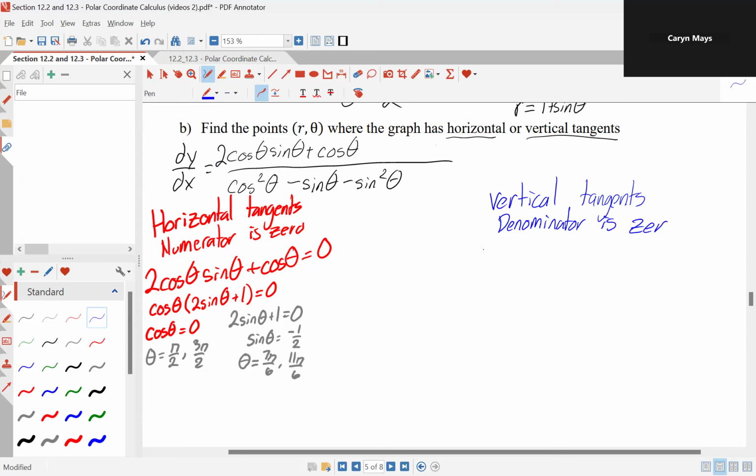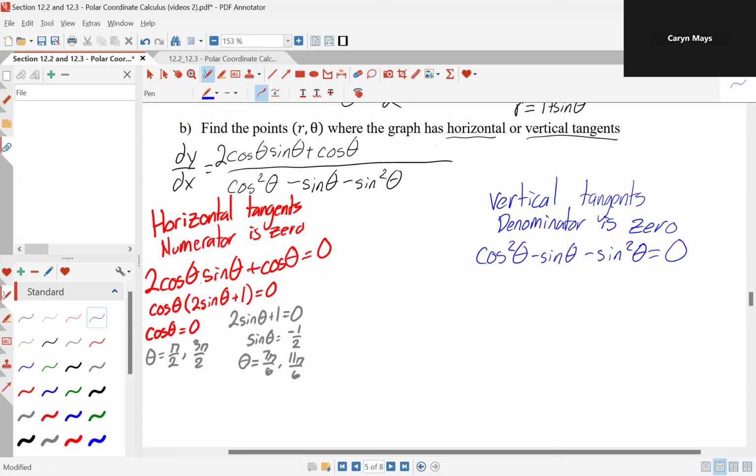Taking that expression, cosine squared theta minus sine theta minus sine squared theta, setting it equal to 0. We want to solve this expression. Taking a look back at the horizontal tangents, the first thing we did was factor.